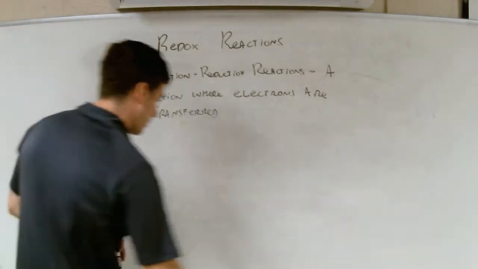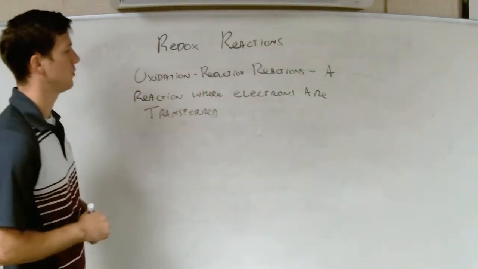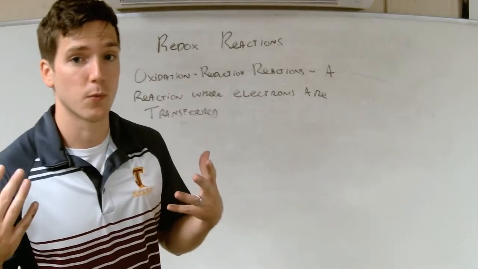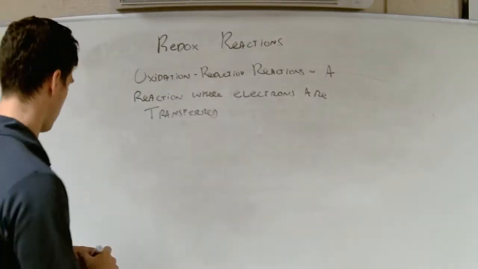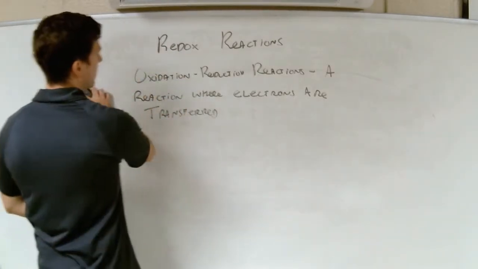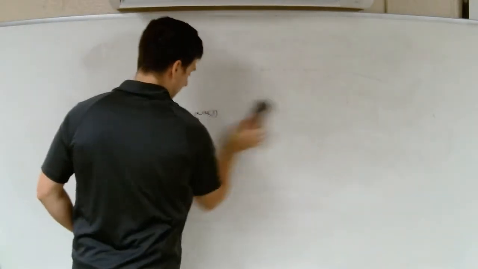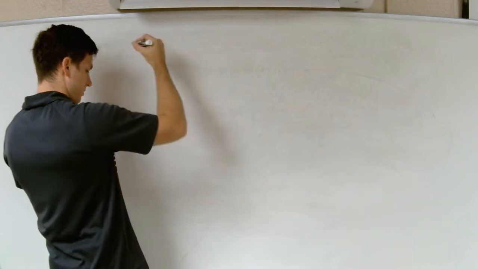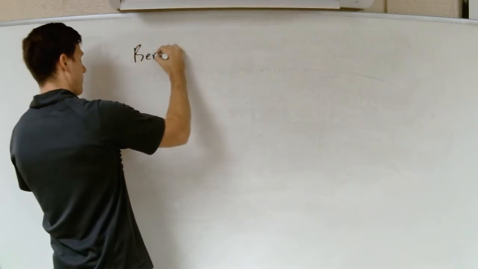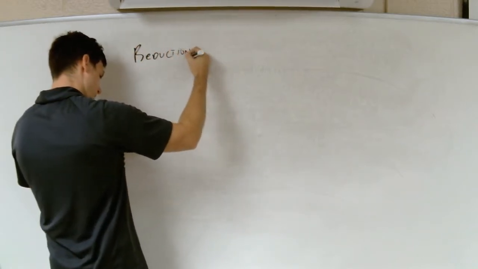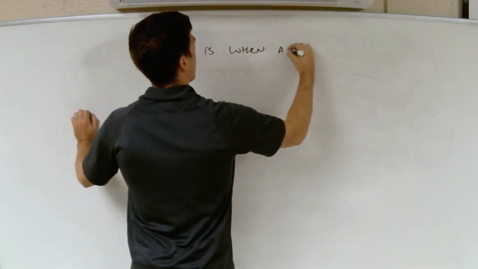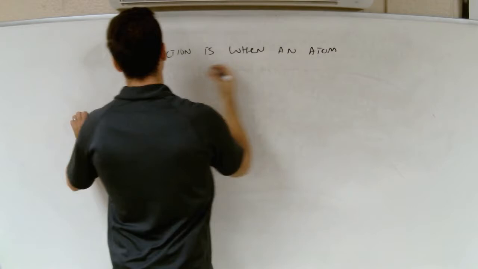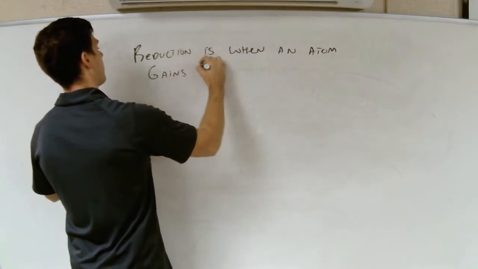So we have to know the difference between reduction and oxidation. So what is reduction and what is oxidation? Reduction is when an atom gains electrons.